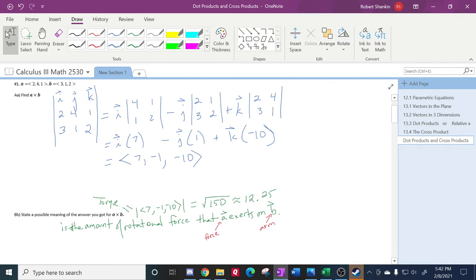R cross F and F cross R are going to give you vectors in opposite directions, but their magnitudes will be the same. So they didn't have to have the order correct for that. But I think it's this force and this arm that the cross product, I think, is what I remember. Well, I can verify that before next class, or during a break while I do a simple problem.